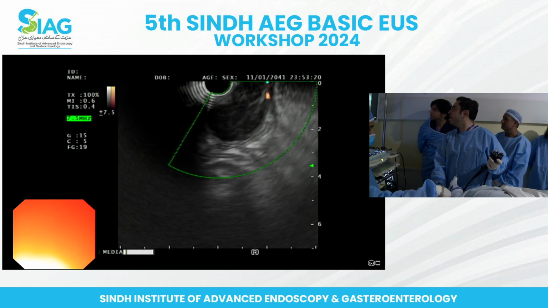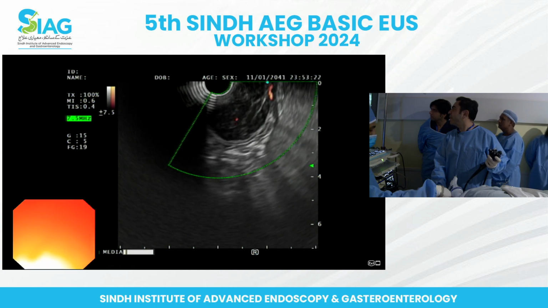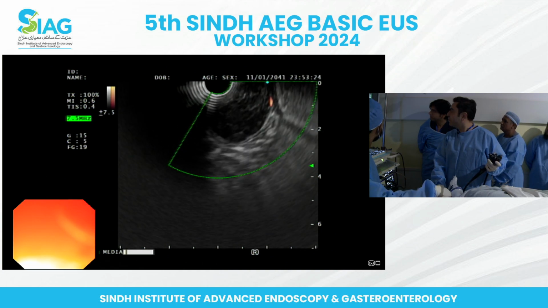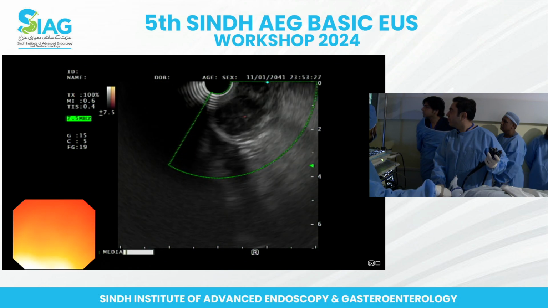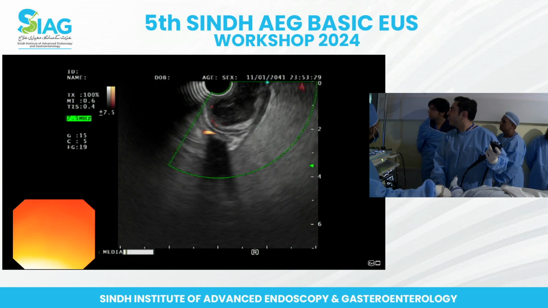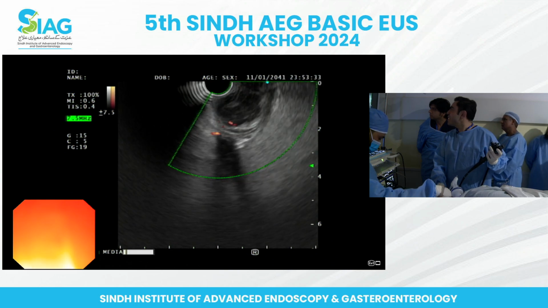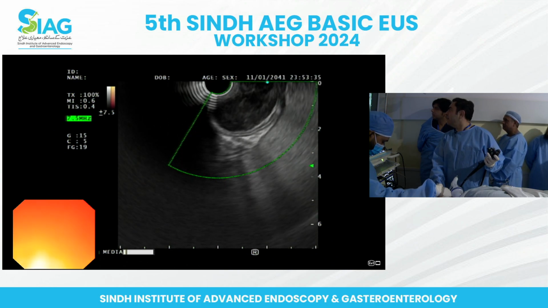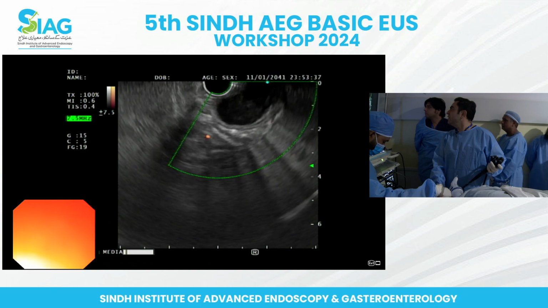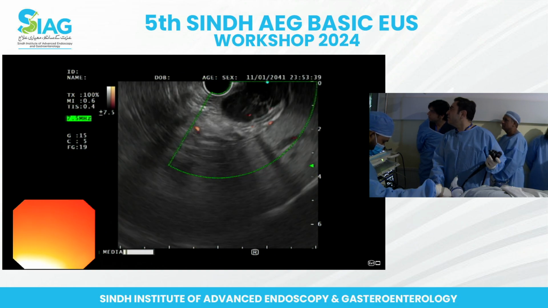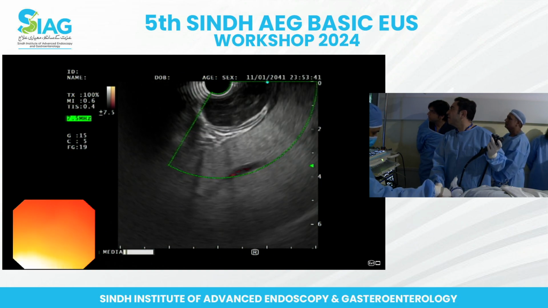Shahzad, does it look all solid to you, or do you think there could be thick debris in there? I don't think it is cystic. It does look solid to me. I think the only reason I was asking is that you see the walls all around it.